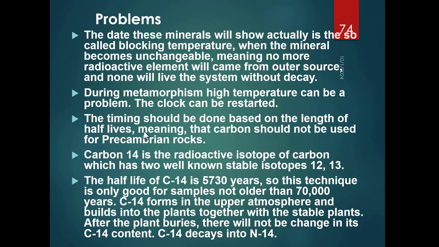The timing should be done based on the half-lives. I already talked to you about this, that depending on what kind of rock age you might have, you have to use different radioactive elements. So the carbon 14, as I already told you, should not be used beyond about 70,000 years, which is the max.